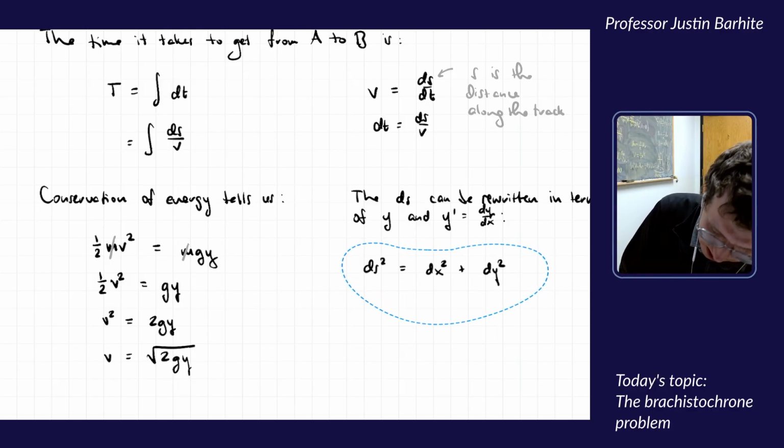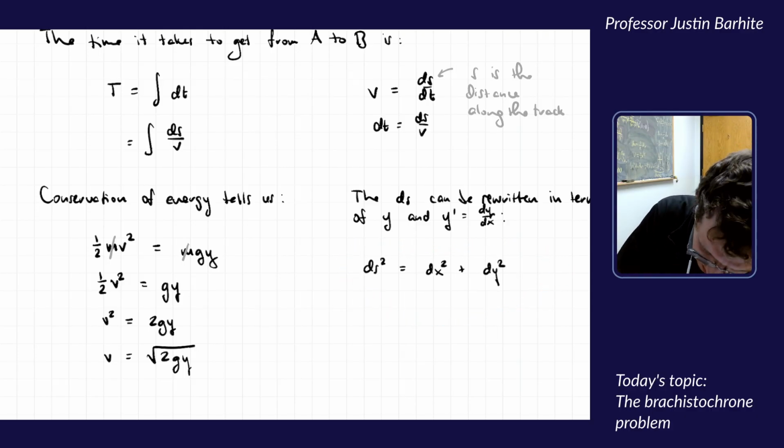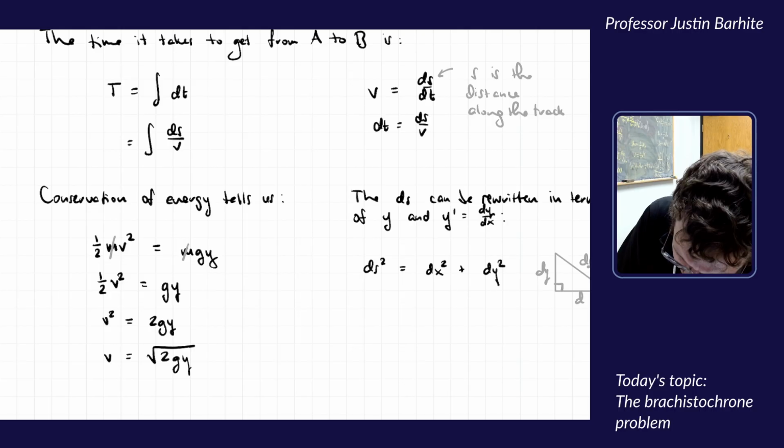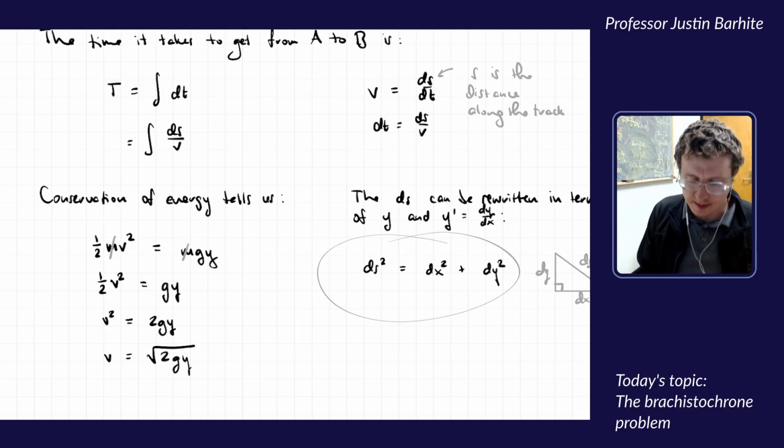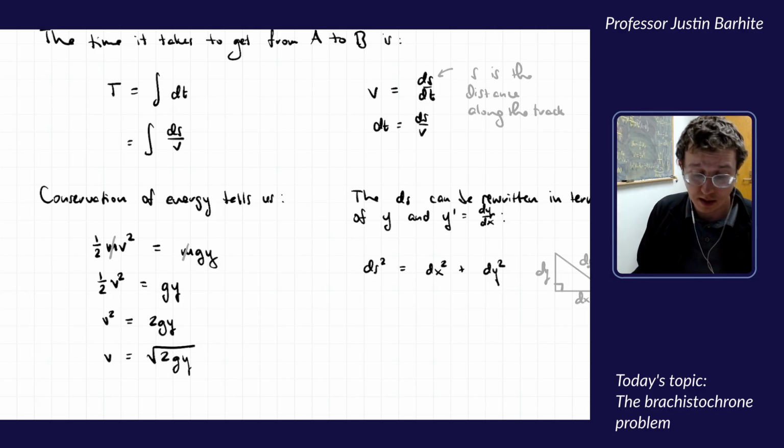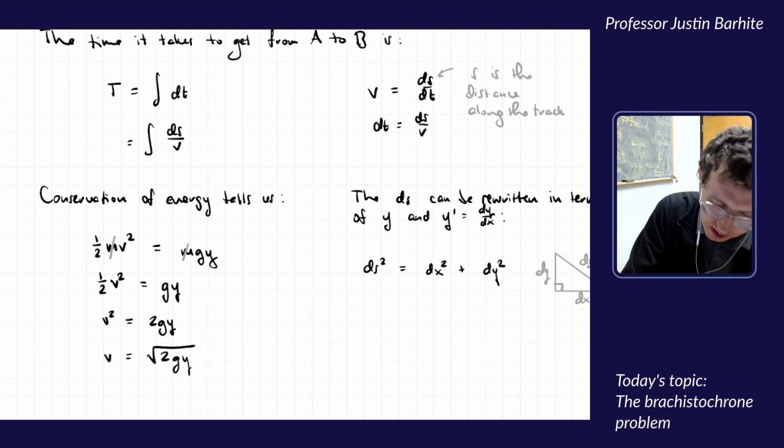I'm using the Pythagorean theorem here. The point is that if we have a little section of the track, which is basically a straight line, and the length is ds, well, if the height is dy and the width is dx, the Pythagorean theorem tells us that ds squared equals dx squared plus dy squared.